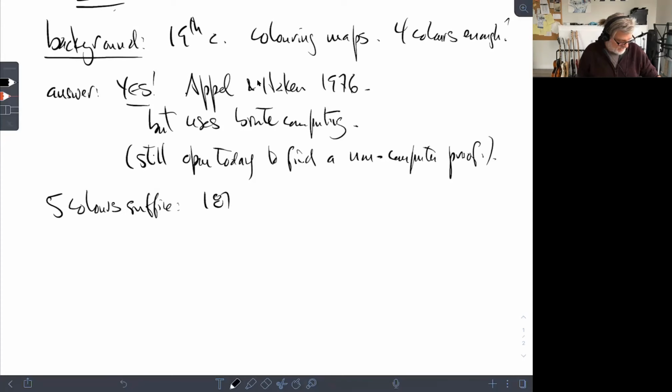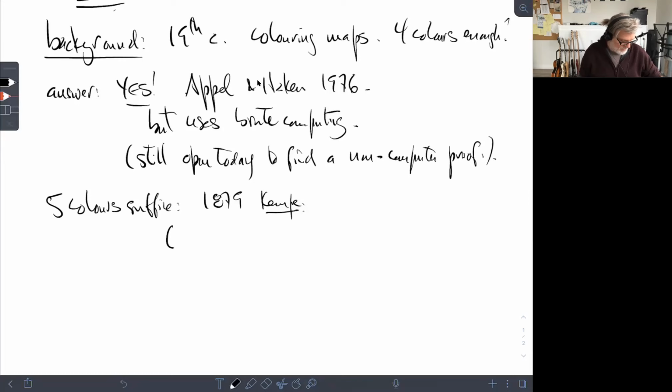This goes back to 1879 by someone called Kempe. And this proof also has an interesting story behind it, because Kempe thought he had a proof of the four color theorem, but there was a mistake in it. But you can rescue the five color theorem from Kempe's proof.